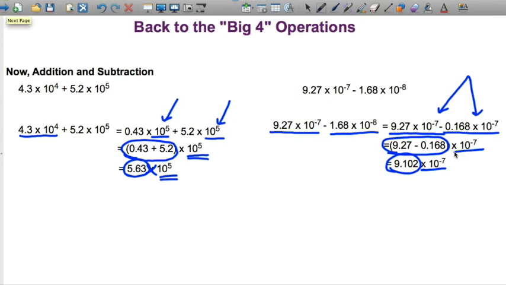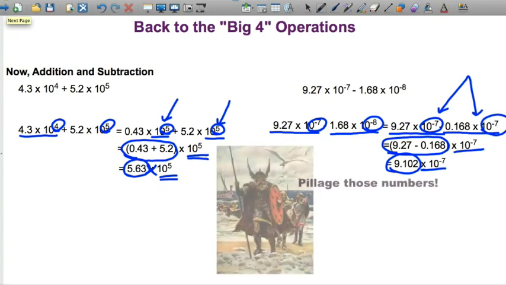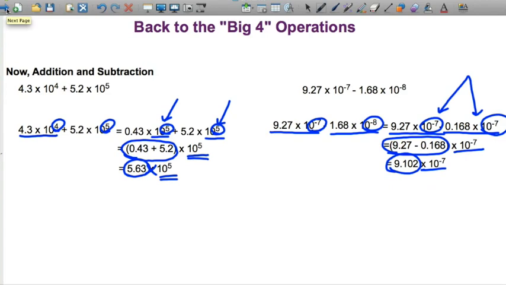So what you're going to have to practice if you're not very good at this concept is making sure that when you change powers of 10, you change them appropriately, because here's where you can make your mistake. After that, you're adding and subtracting. And I know you are all Vikings when it comes to adding and subtracting. That's all for now.